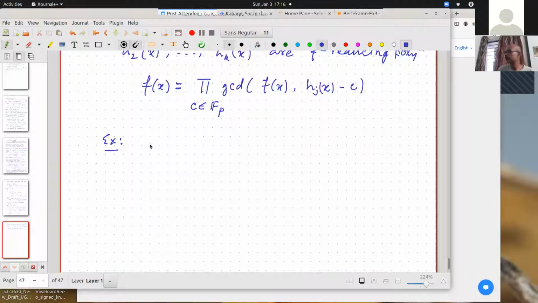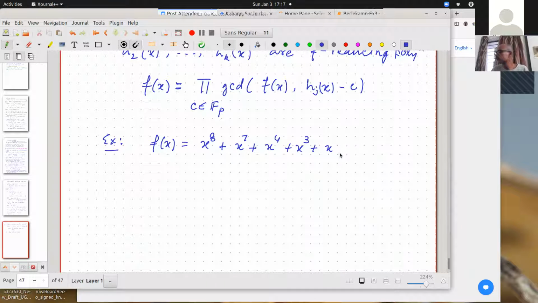So the example we are trying first is f(x) equal to x to the 8 plus x to the 7, plus x to the 4, plus x to the 3, plus x plus 1.